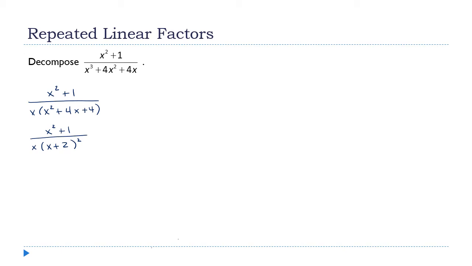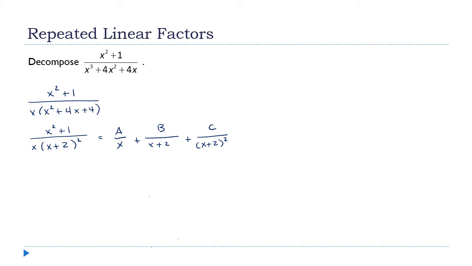And you see, there's my repeated linear factor. So how am I going to decompose this? Well, this is going to be a over x, and that's it, because that x appears once, just like we had in the previous examples. Then I'm going to have plus b over x plus 2 plus c over x plus 2 squared.